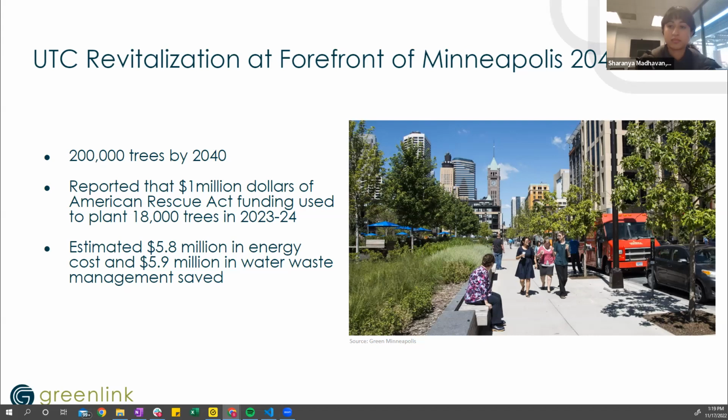The plan will end up with an estimated savings of 5.8 million in energy costs and 5.9 million in wastewater management. Using this information at the city level will really help any city find what areas, as Shard said, are truly most in need of these plans.